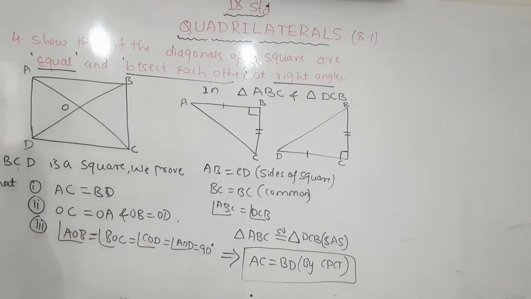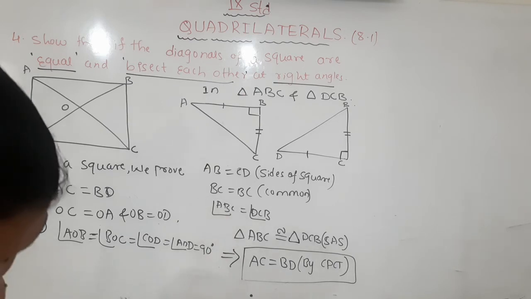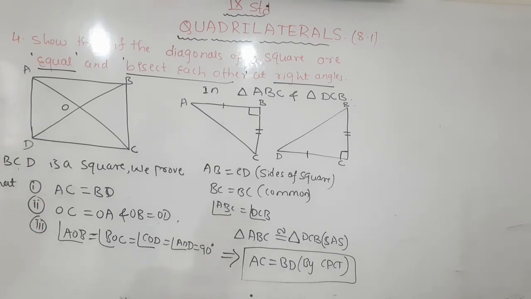What is that? The diagonals of the square bisect each other. The second thing is that they bisect each other. For that, first we will take the triangles AOB and COD.